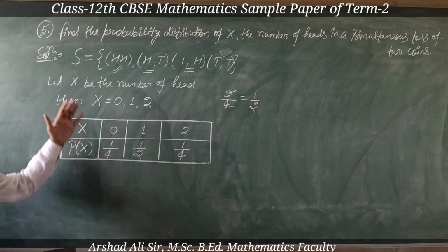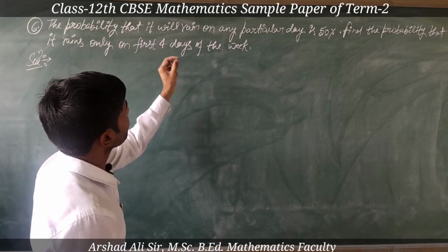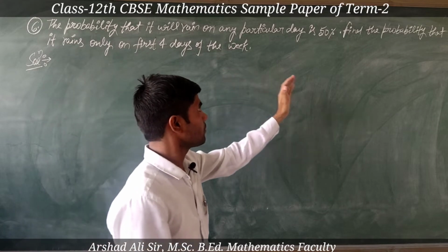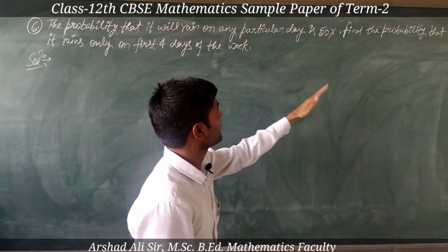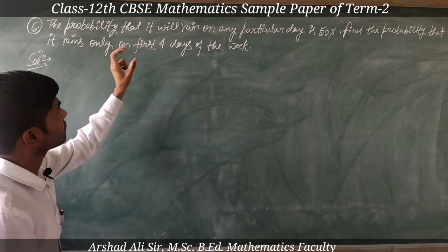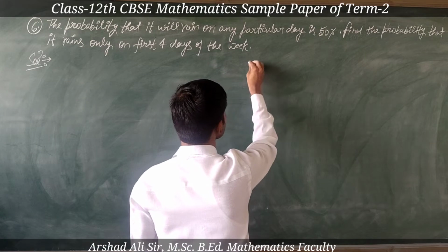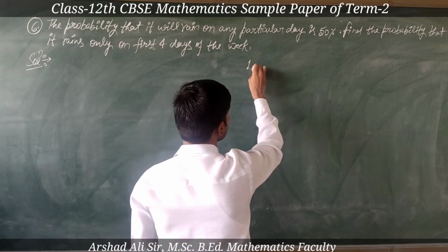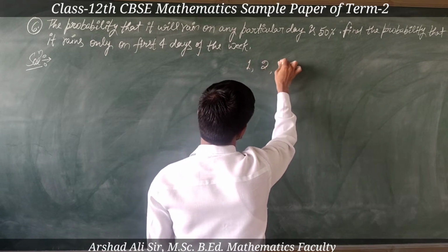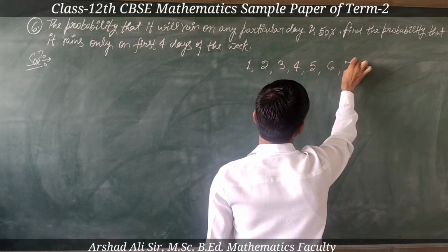Now we start question number 6. The probability that it will rain on any particular day is 50%. Find the probability that it rains only on the first 4 days of the week. My dear student, we already know in a week there are only 7 days, 1, 2, 3, 4, 5, 6, 7.